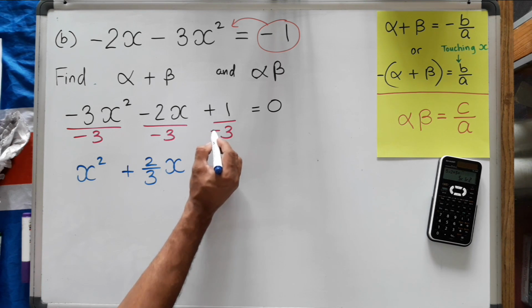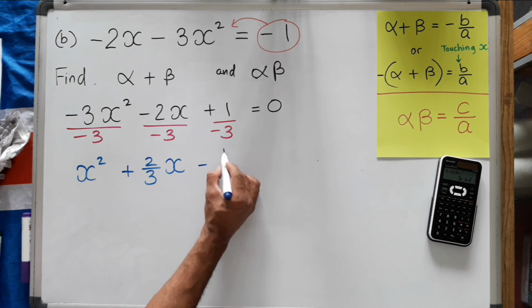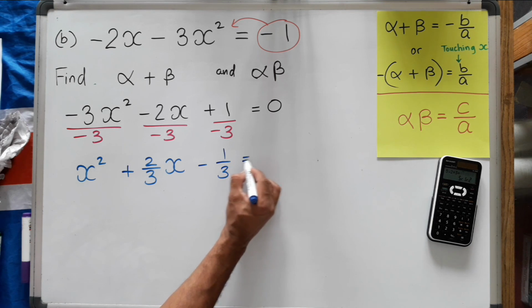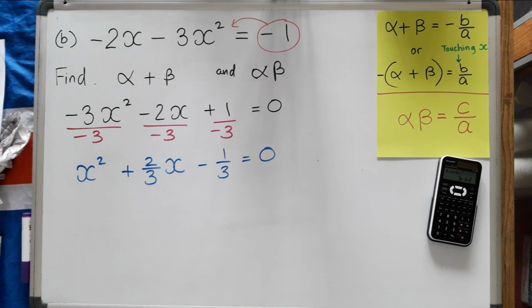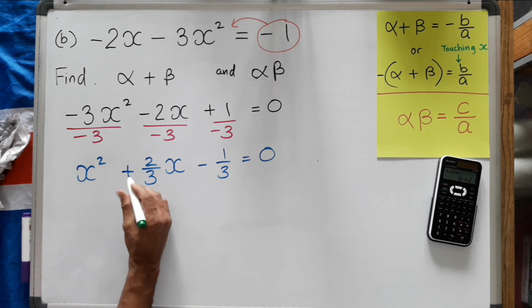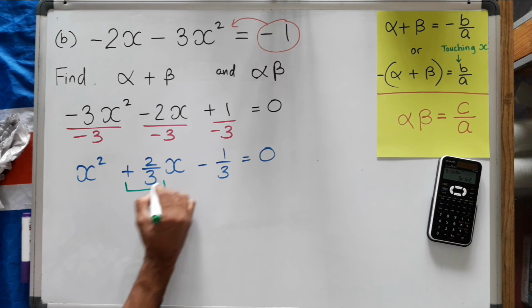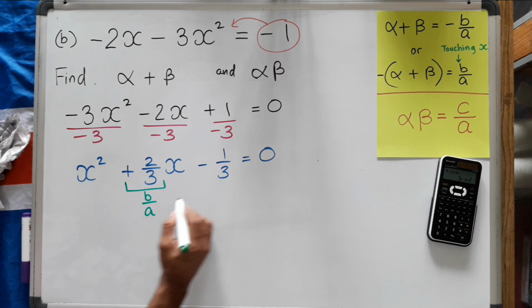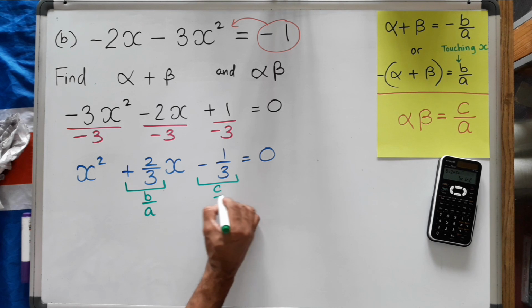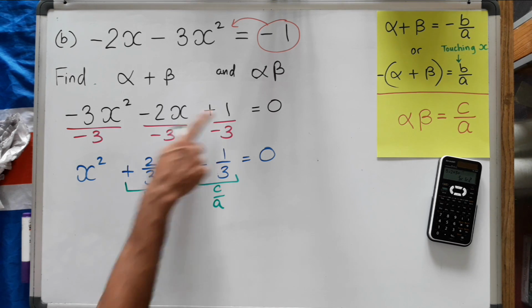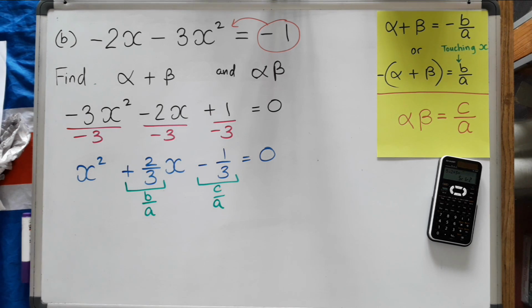A positive divided by a minus is a minus, so you'll get 1 minus 1/3 here. All right, so remember, whatever is touching the x here, remember we're already dividing b by a. So this here is b divided by a, and this here is c divided by a, because we took c and we divide out throughout by a.